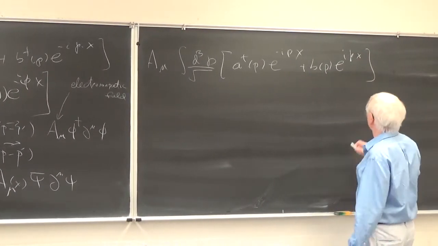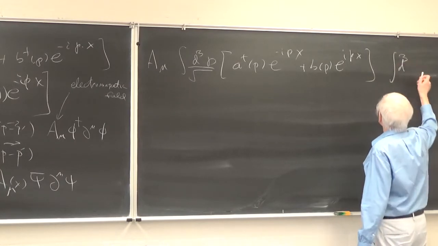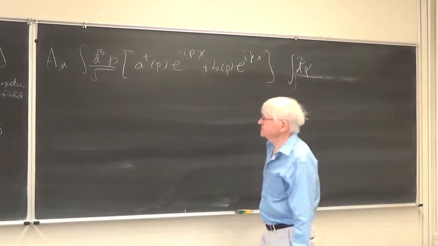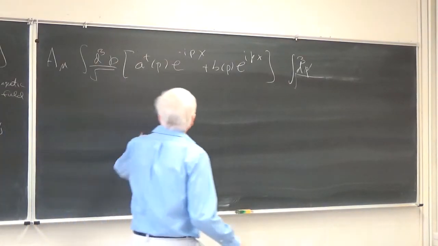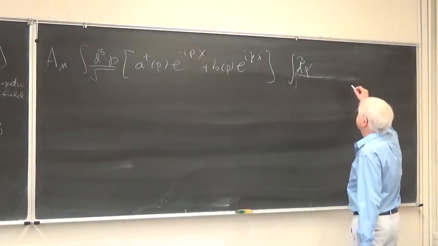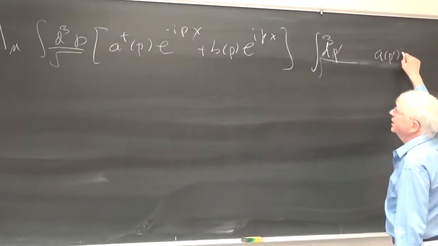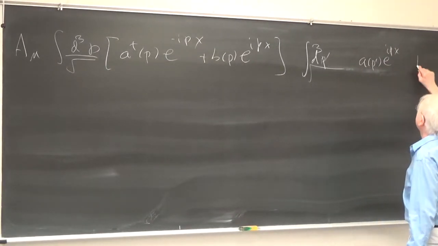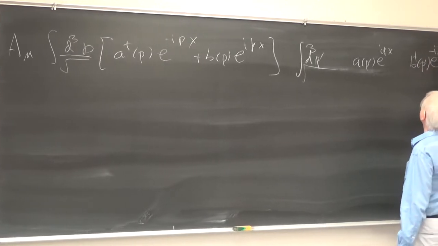And then you'll have a derivative acting on the other one, d cubed p prime over the same square root. And this will be a derivative acting on these, and so this will be a of p prime e to the i px, and then b dagger of p prime e to the minus i px.